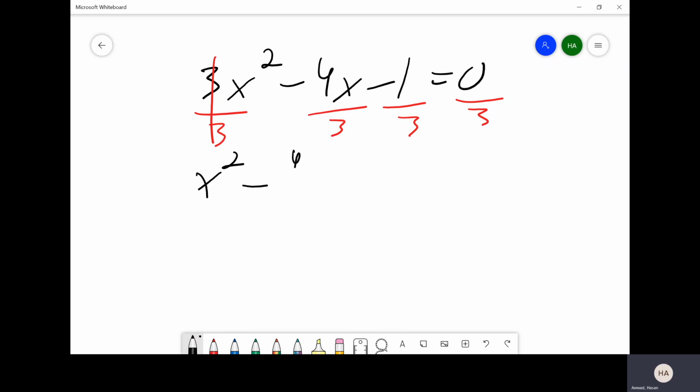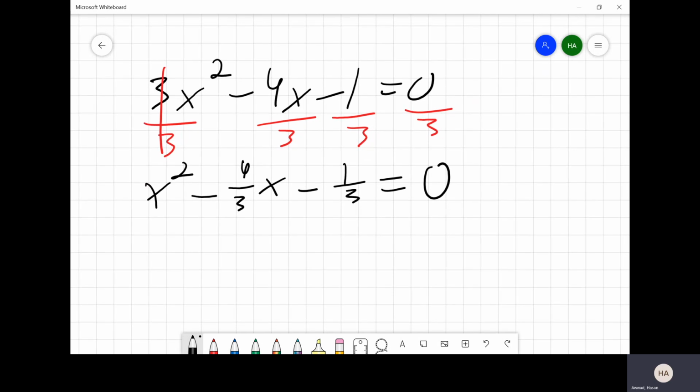We get 4/3 x minus 1/3, right? 1 divided by 3 is just 1/3. We keep the sign the same with a negative. And we know that 0 divided by 3 is still just 0. And we say, okay, great. Sure, we have fractions, sure, it's going to look gross in the end, but that's okay because we've now cleared the coefficient tied to our x squared.